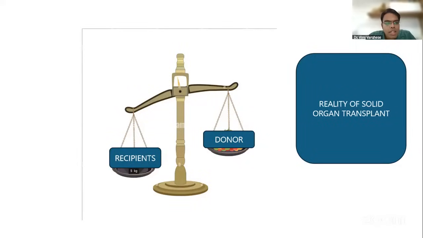On the other side, we have a lot of patients waiting for organ transplant, and we have to make sure that our waiting list mortality is less, so it is essential from a disease perspective also.